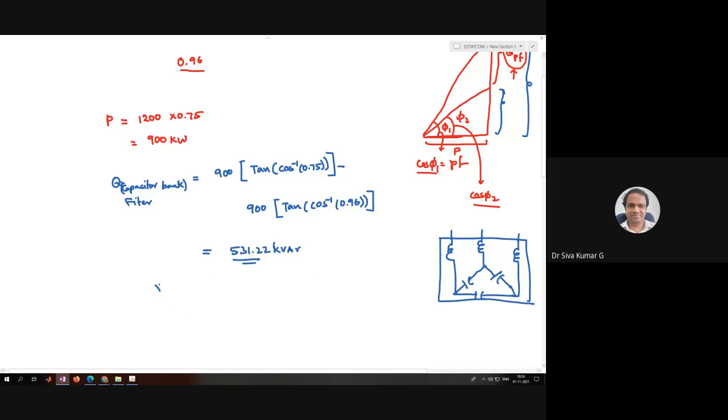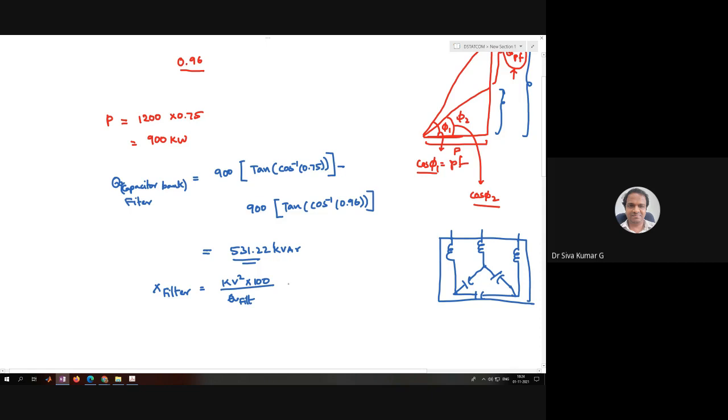Now, what is the X filter? We can find out the X filter is equal to kV square into 100 by the Q filter.